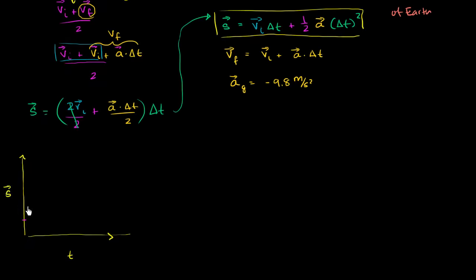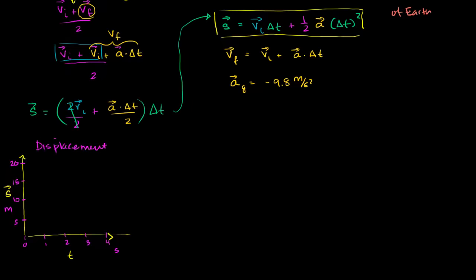So let's say that this is 5 meters, 10 meters, 15 meters, and 20 meters. And in time, this is 0, this is 1, this is 2, this is 3, and this is 4 seconds. So this is in seconds, and this is meters: 5, 10, 15, 20. So this is displacement.